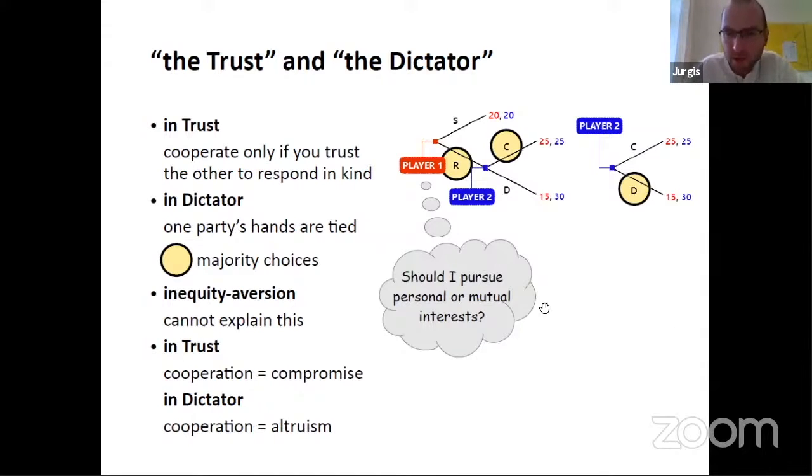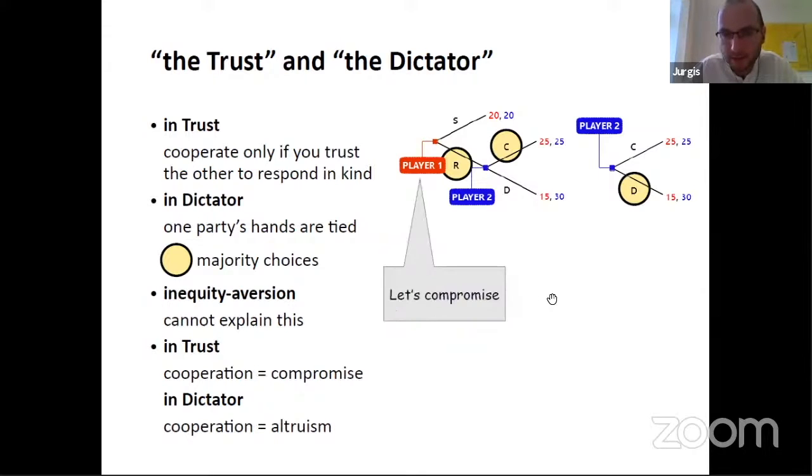If she decides to take on the objective, the pursuit of mutual interest, and cooperates, she effectually sends the second player a message: let's compromise. It's as if she's saying, I will undergo my personal safety, and in response to that, you should choose the objective, which is the pursuit of our mutual interests as well.